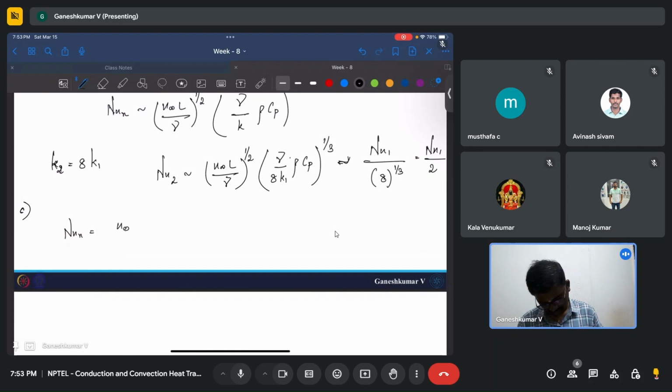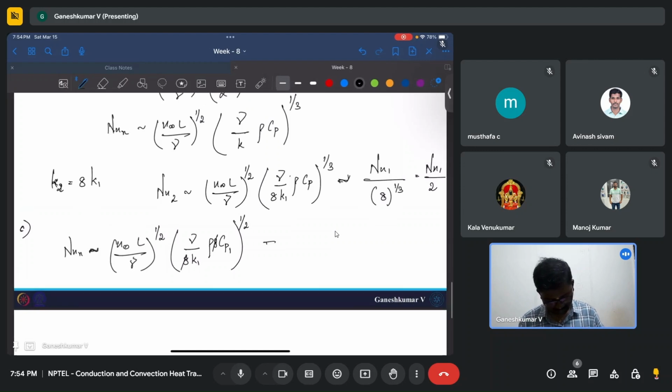So U infinity L by mu, power of, mu times 8 K1, rho 8 Cp. So the 8 gets cancelled, so that is going to be same as Nu1, which means this also remains the same.